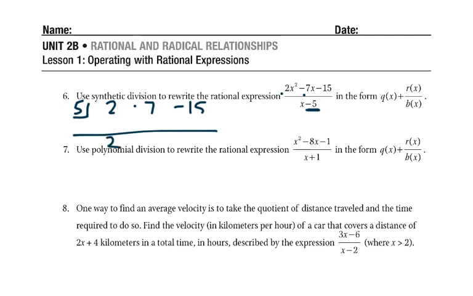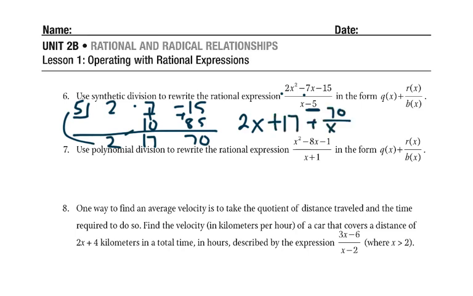Bring the first one down, multiply, take it up here, 10, add 17. 5 times 17 is a big number, 85. Add them together, and that's 85 minus 15, so we'd get 70. So it'd be 2x, our depressed polynomial, 2x plus 17 plus 70 over x minus 5.